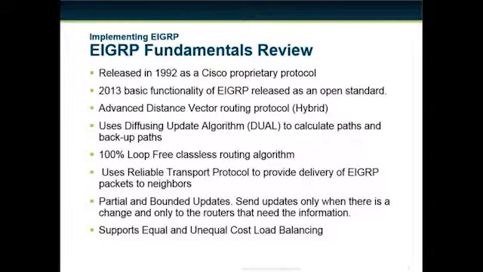We're going to learn about the DUAL algorithm, the Diffusing Update Algorithm, which is the algorithm that EIGRP uses to essentially calculate the routes that go into the forwarding information base or the routing table. And that Diffusing Update Algorithm has very specific features and functions.